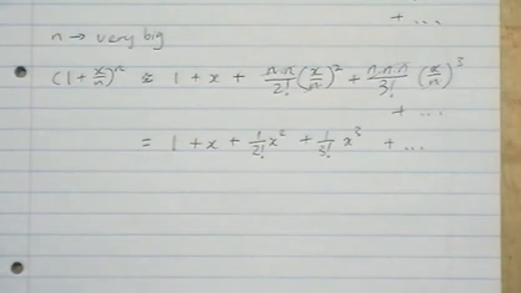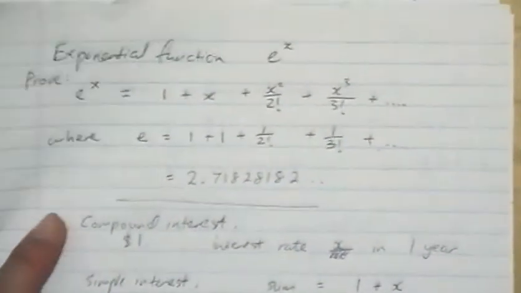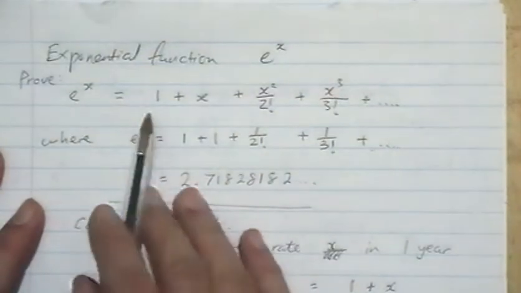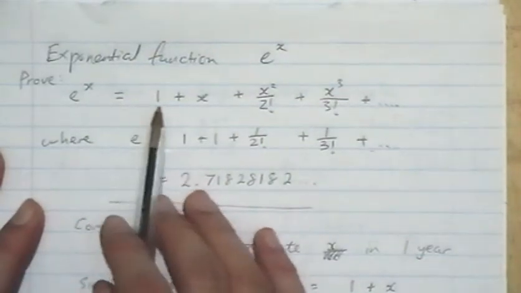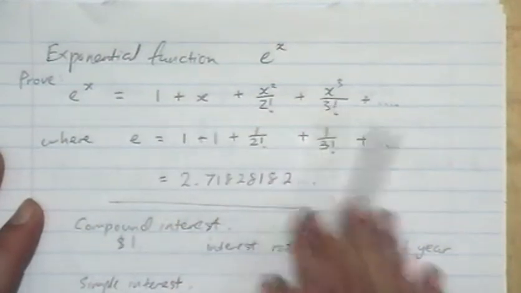Now let's take a look at what I've written down, or what I was trying to prove. I was trying to prove this, that e to the power x is equal to this.